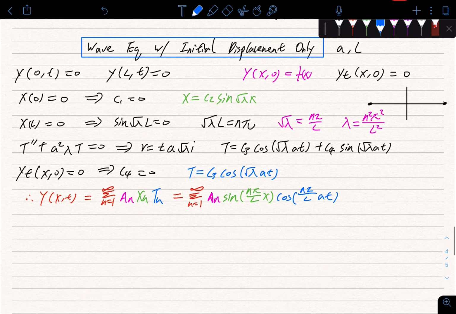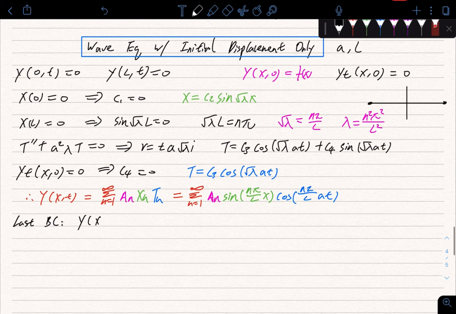So, we still have one more boundary condition that we left at the end that we have not used. So let's use that right now. Last boundary condition. So let's let y of x and t equals 0 be f of x.